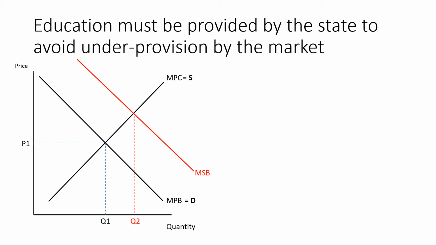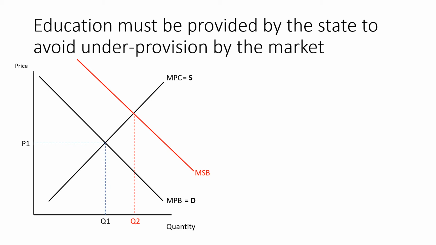So that's higher than the market equilibrium. And this is where the undersupply market failure comes in. Society would have its utility maximized if Q2 was supplied, but private suppliers of education would only want to supply Q1. So we've basically got market failure characterized by underproduction.